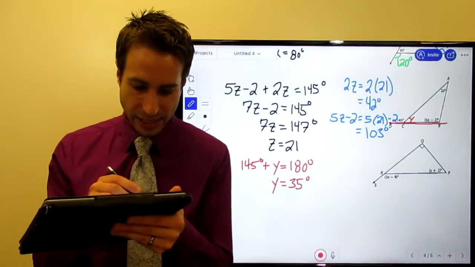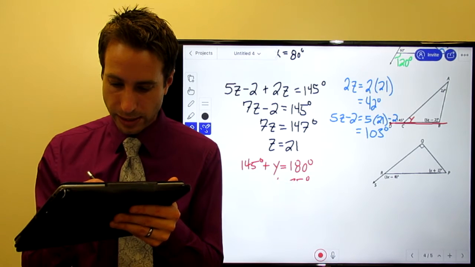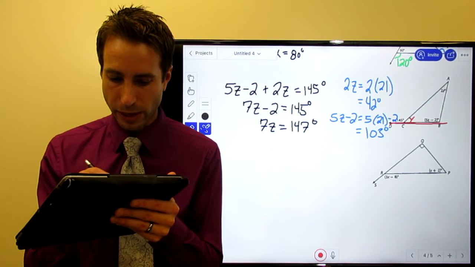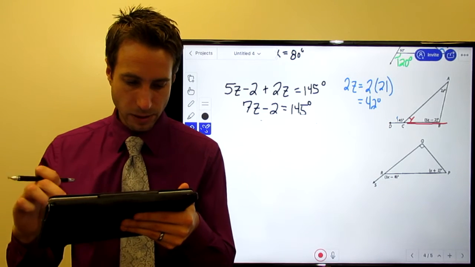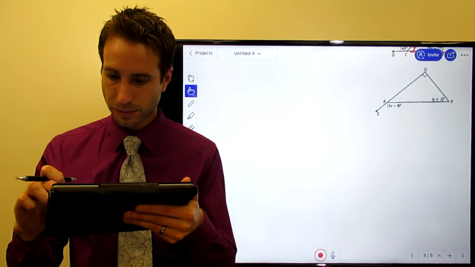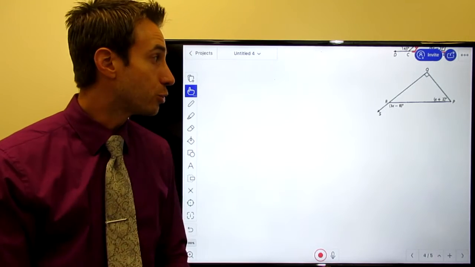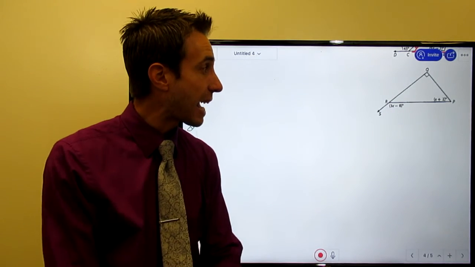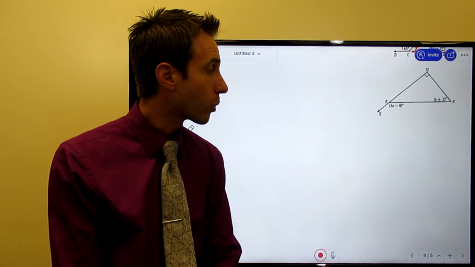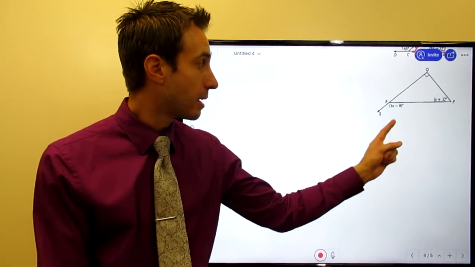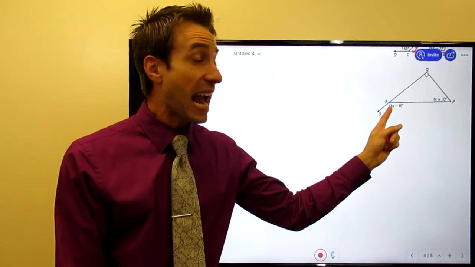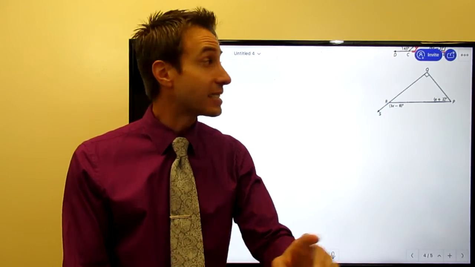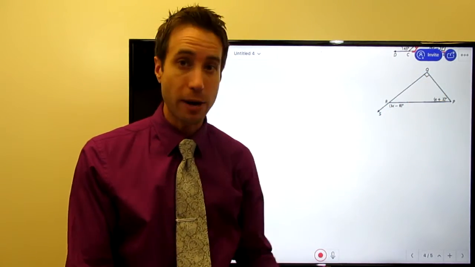All right, let me erase that so that I am not having to squeeze. I got one more for you here. Let's try this one. I want you to find the missing angles. So what do I know? It looks like I've given you an exterior angle, and without maybe realizing it, what does that little square mean?